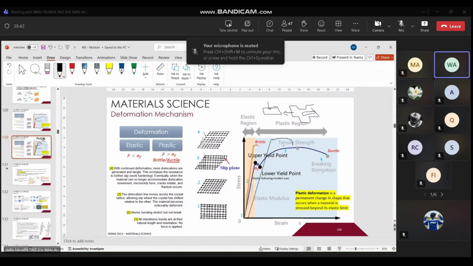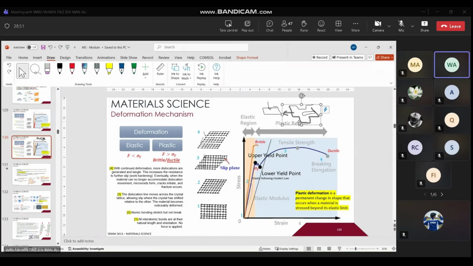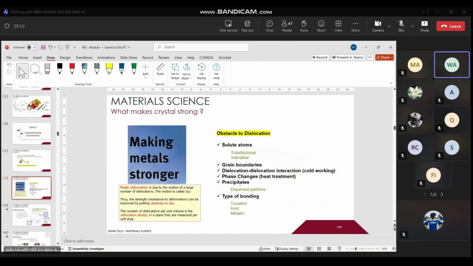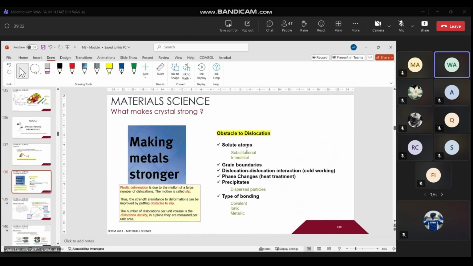Of course, they can improve the strength, but in terms of other aspects, for example the ability to elongate, the ability to be shaped multiple times has been restricted. Okay, so that's dislocations. The obstacles to dislocations, a couple of them you can work with.